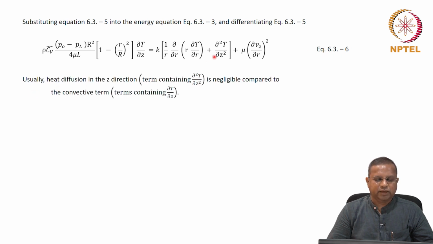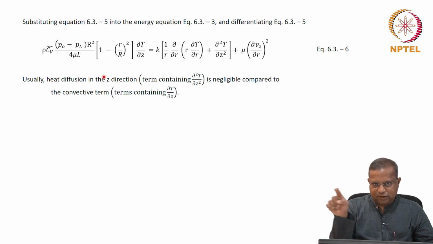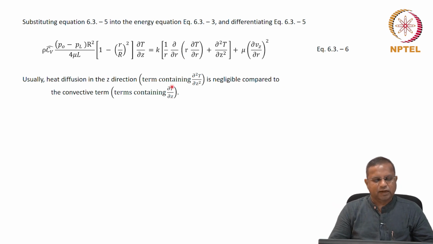Usually, the heat diffusion term, note that this is K on the right hand side, right? This is K times dou squared T dou Z squared. K by rho Cp you know is alpha, so alpha dou squared T dou Z squared is clearly a diffusion kind of term. This is called heat diffusion. So, the heat diffusion in the Z direction is negligible compared to the convective term.